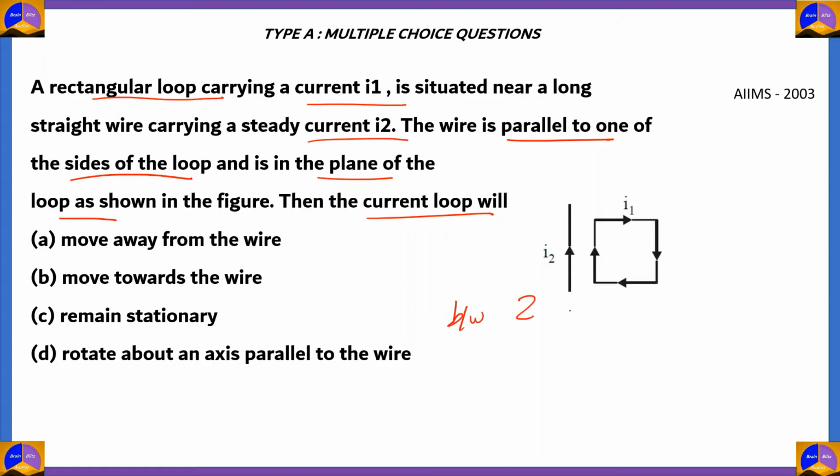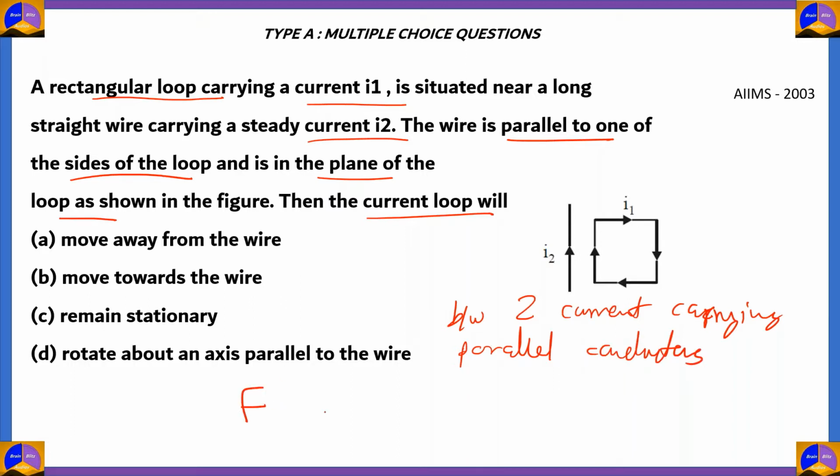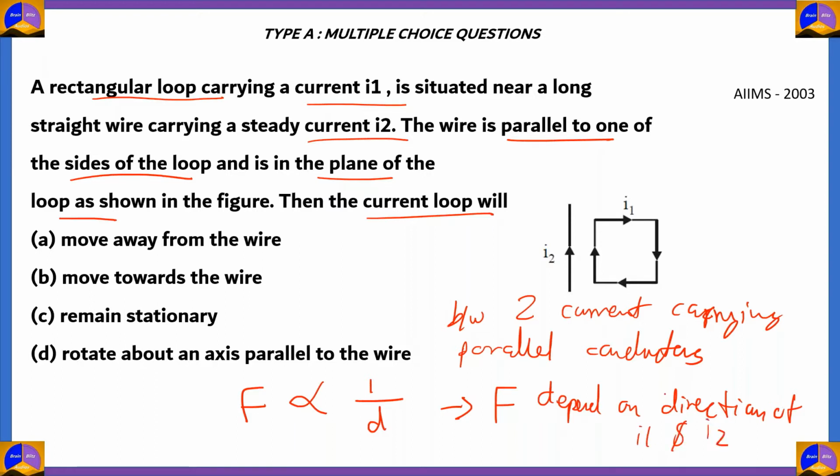Between two current carrying parallel conductors, the force between them is proportional to the inverse of distance, so it's inversely proportional to distance, and the force is also dependent on the direction of I1 and I2.